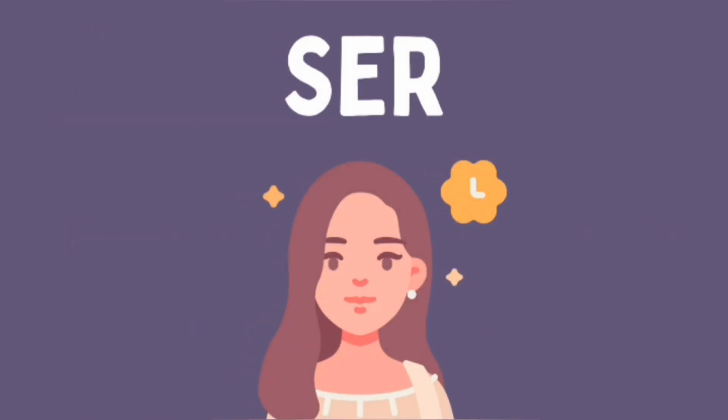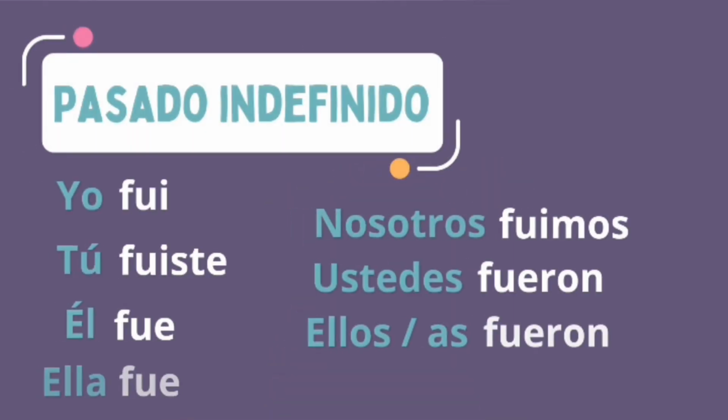Now we have the verb to be. The verb to be in Spanish means ser or estar. But first, let's see the way you have to conjugate this verb according to the form ser. Ser in Spanish, okay? To be, ser. And according to this form, this is the way you have to conjugate this verb in the indefinite past, okay?